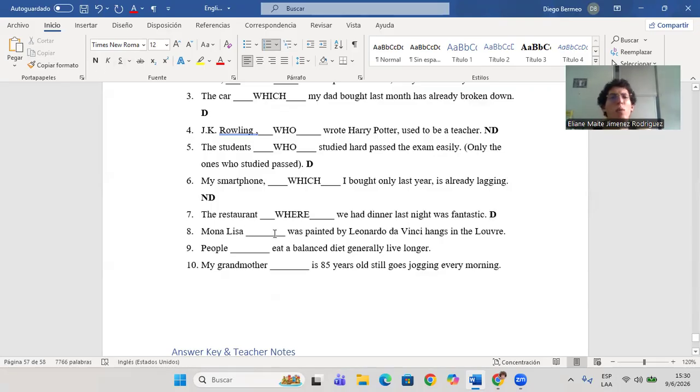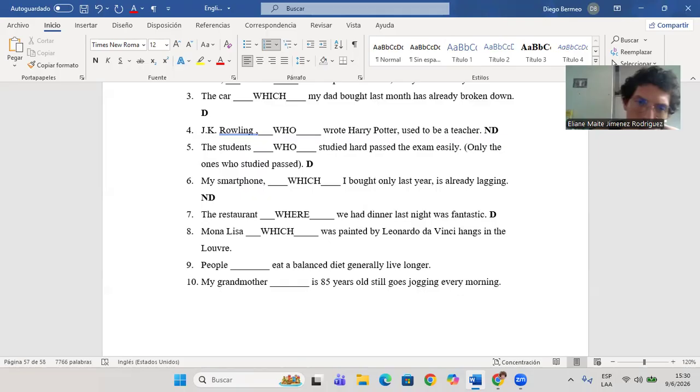Sentence number 8, Mona Lisa, which was painted by Leonardo da Vinci, hangs in the Louvre. Was painted.